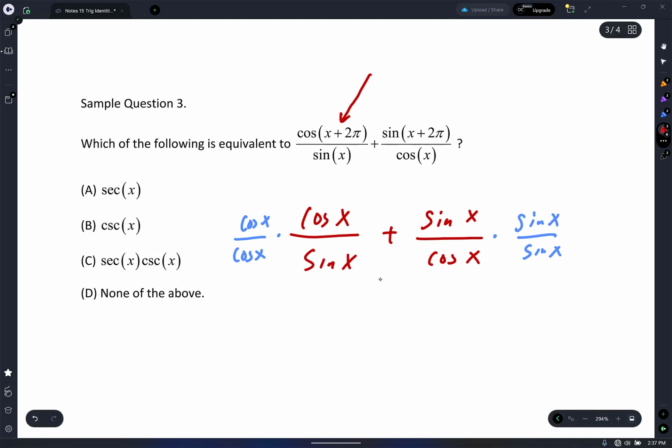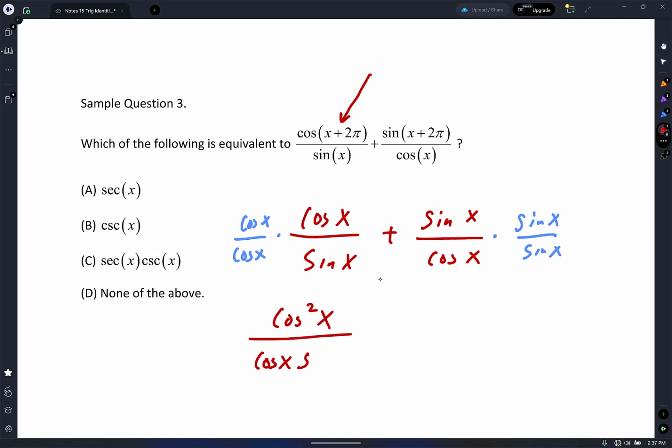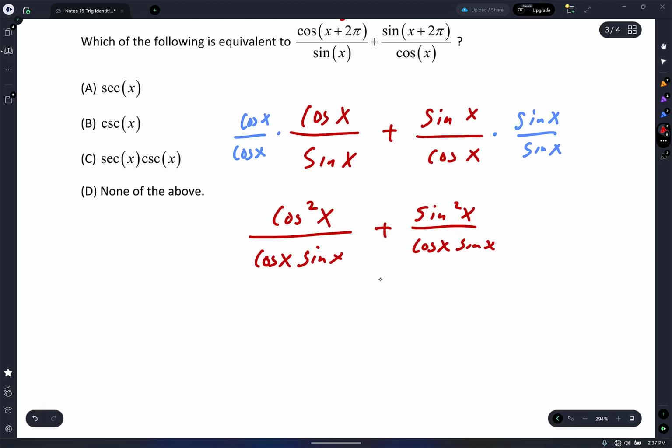Don't do that. All right, cosine times cosine. So I write cosine squared over cosine x sine x plus sine times sine, sine squared over cosine x sine x. Are my denominators the same?